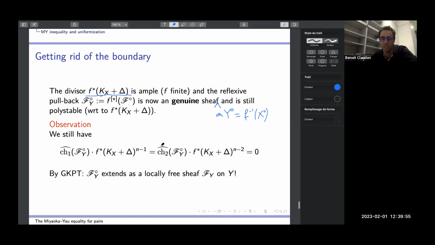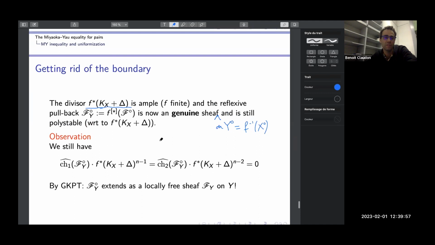And the point, okay, it's not very deep, but it took us a long time to be sure that it's true. So we still have this identity: the second Chern character in the orbifold sense of E naught with respect to this polarization is 0. And so the whole point is that, sorry, I'm lost in my notes.